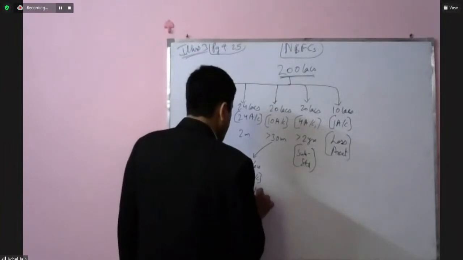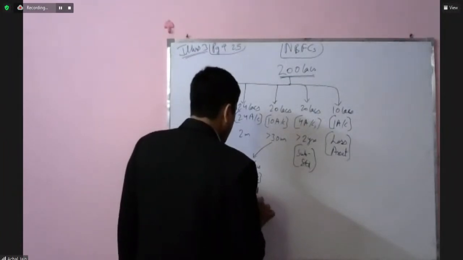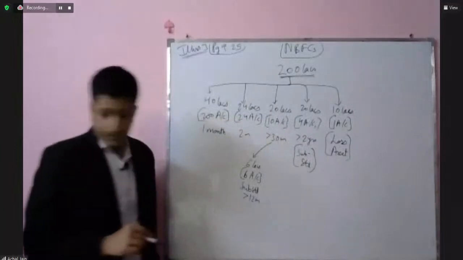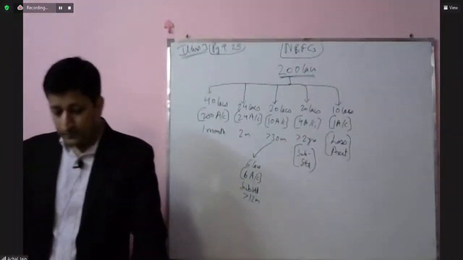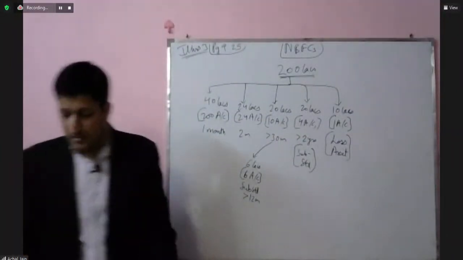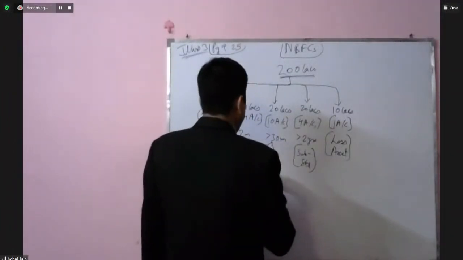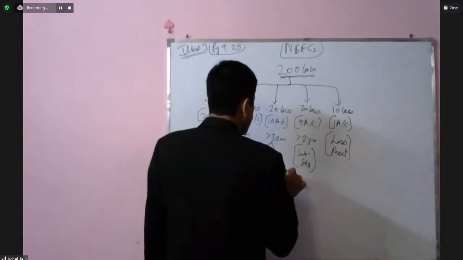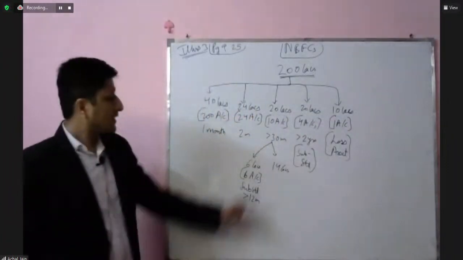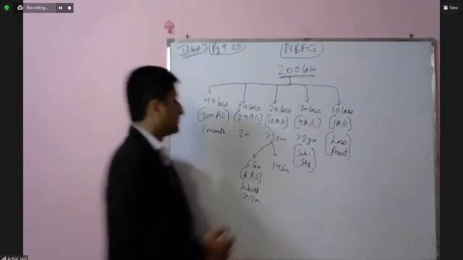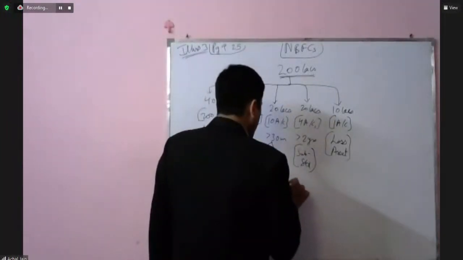So these are substandard for more than 12 months. And the others? Out of 20 lakhs, if this is 4 lakhs, this will be 14 lakhs, comprising 4 accounts.